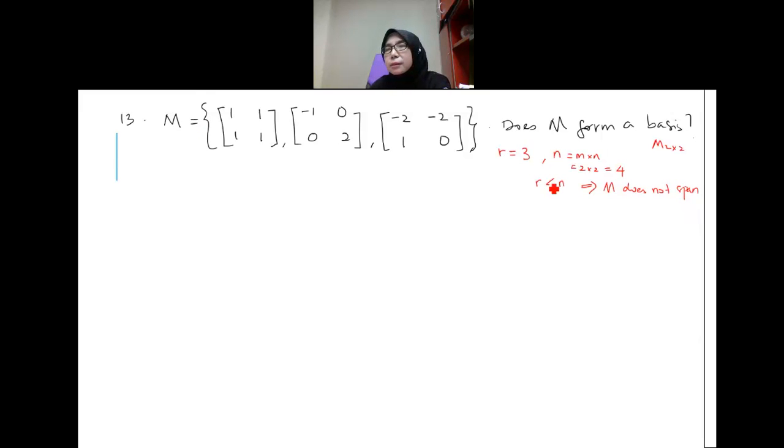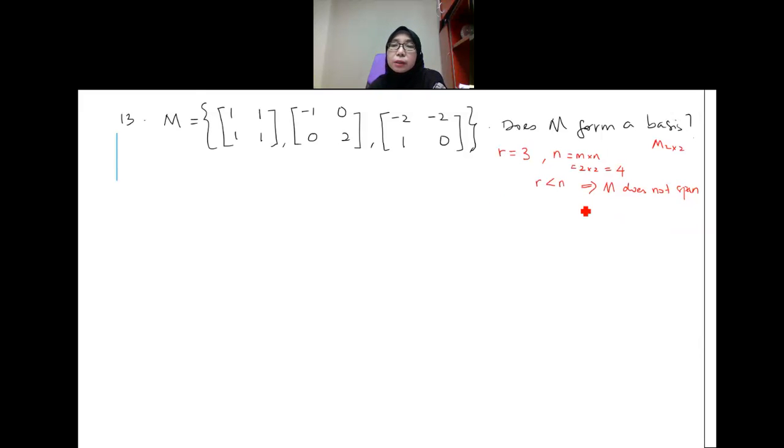If R is greater than N, M is not linearly independent. So you must remember that theorem. It is very useful for checking the result.